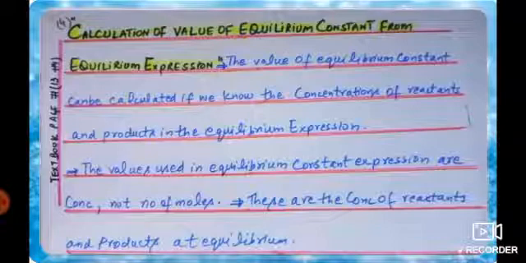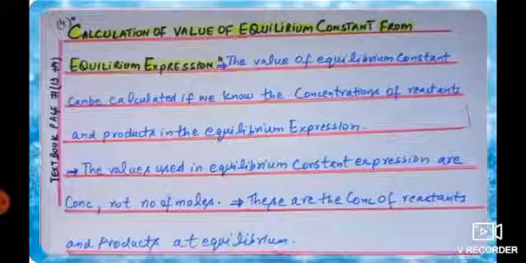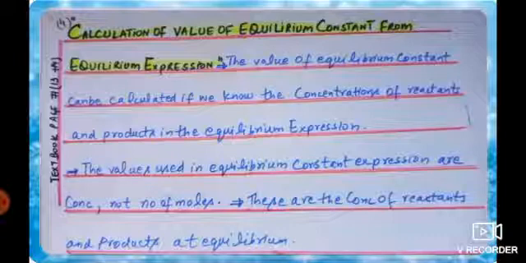Now, calculation of the value of the equilibrium constant from the equilibrium expression. In this topic we will discuss that if we have the equilibrium expression and the different values of the concentrations of reactants and products are given, we can put them in the equilibrium expression and get the value of the equilibrium constant.